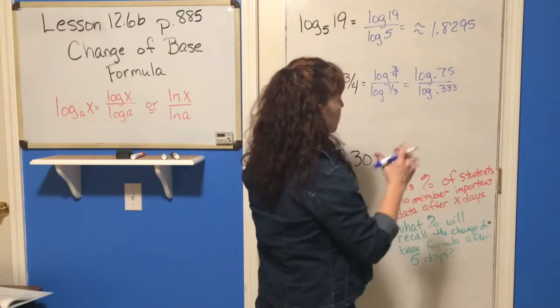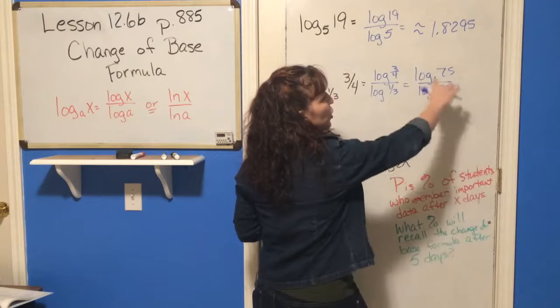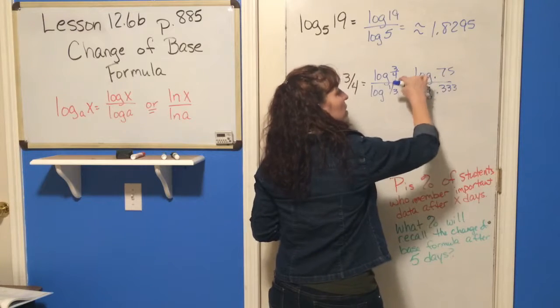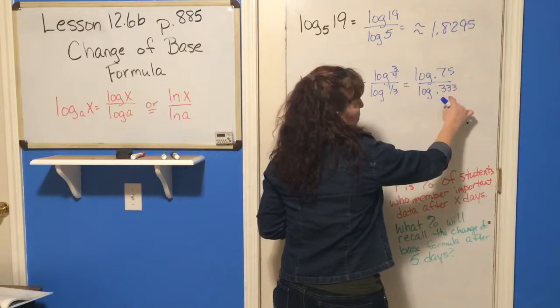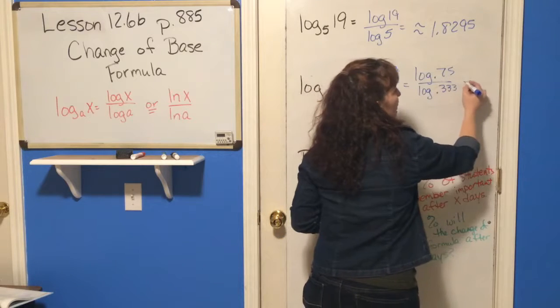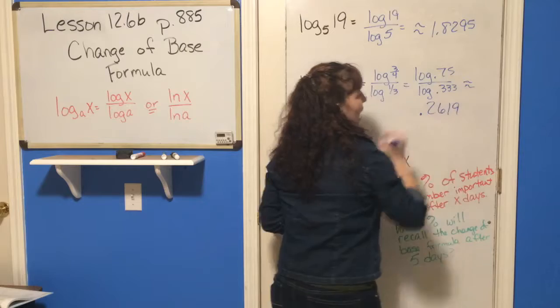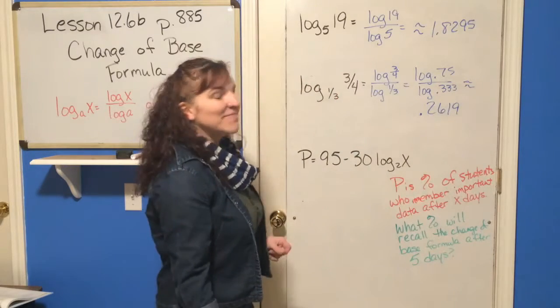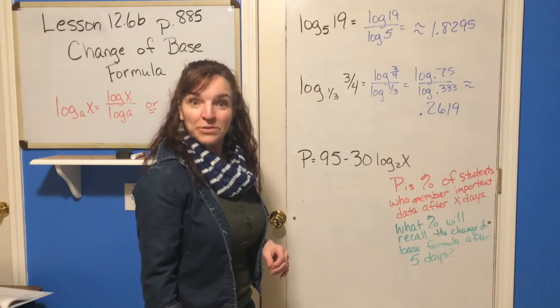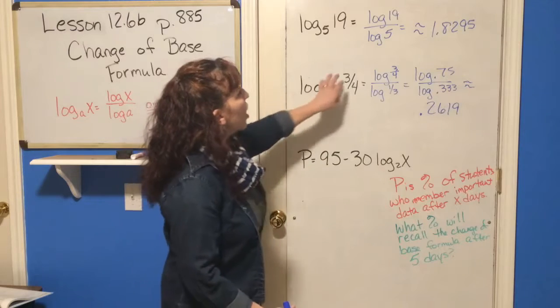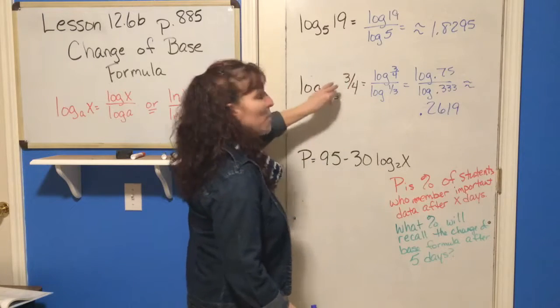Now you press 0.75 log, divided by, 0.33333 log, equals, and you're going to get roughly 0.2619. And that's it. Easy stuff. Just have to remember: log of the number divided by log of the base.